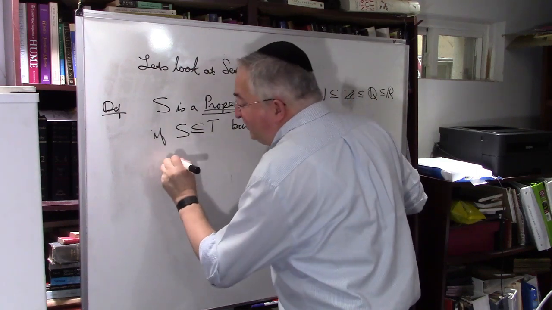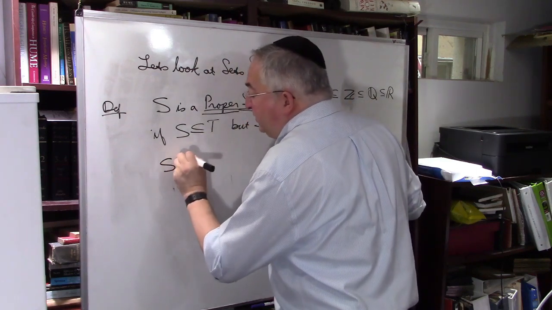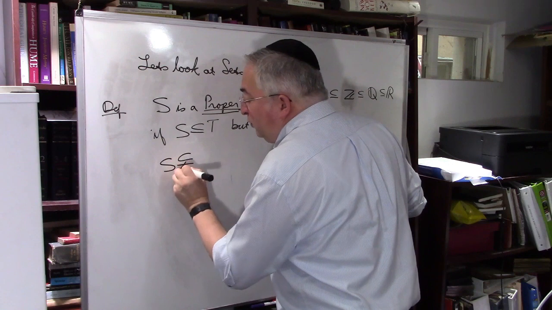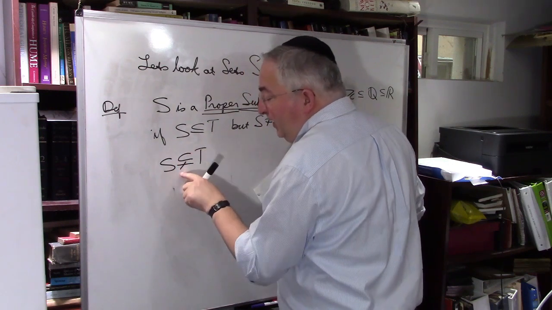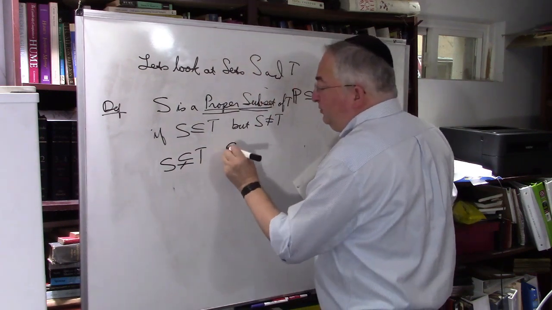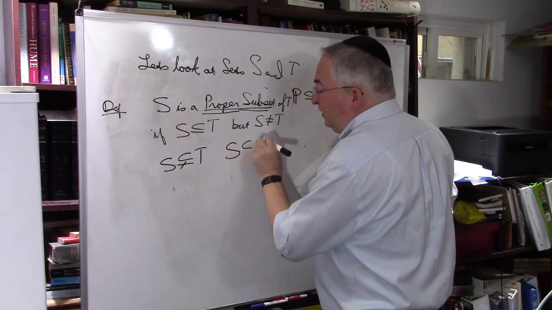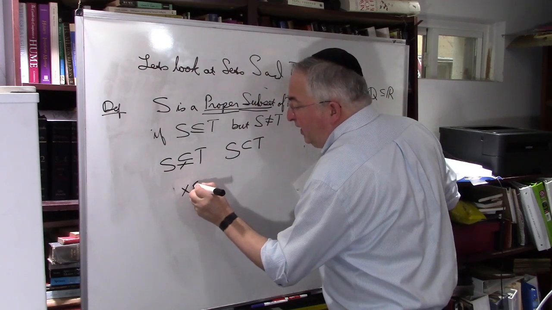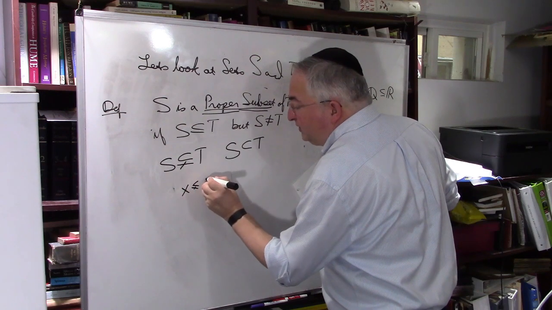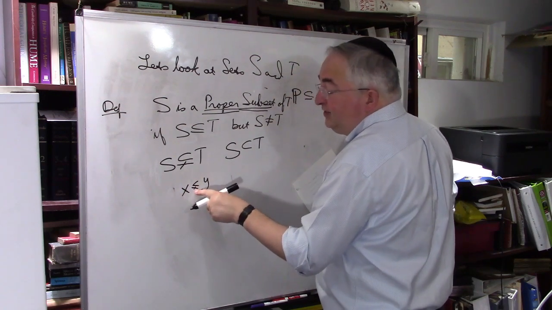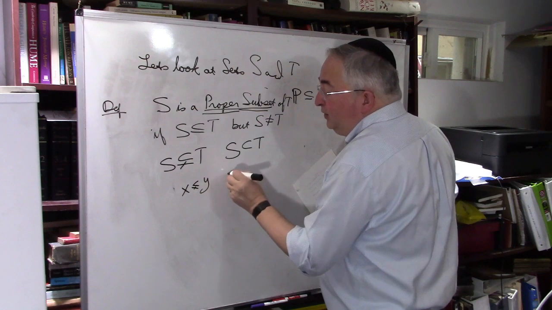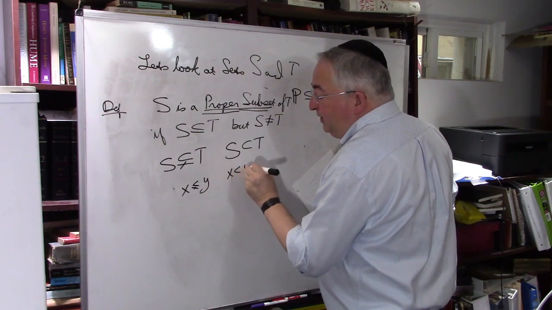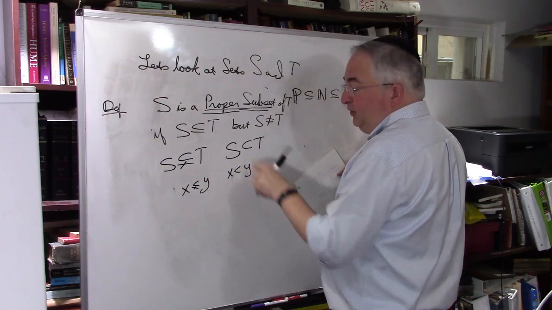We also write the same thing, proper subset, as follows. We cross out the line, so they're not equal. Sometimes we write it like this, S subset of T. It's like when you have two numbers, X and Y, and you want to say X is less than or equal to Y, X is less than but not equal to Y, and you could also write X is less than Y. Okay, so you can leave that out.